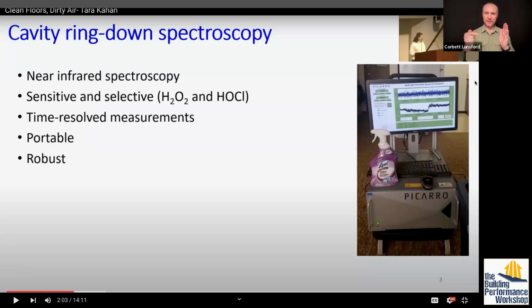So they pulse a laser, and they watch as that pulse of light goes back and forth between these mirrors. Like basically it's shining a laser through space and seeing when it gets interrupted by something. And basically a molecule would need to pass in the way of the light for it to diffract.